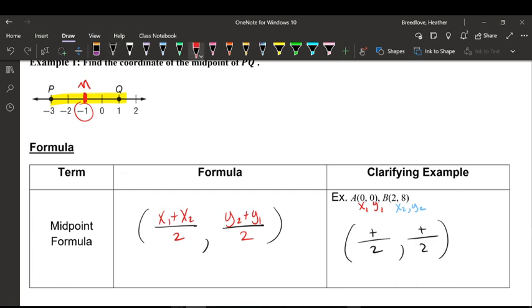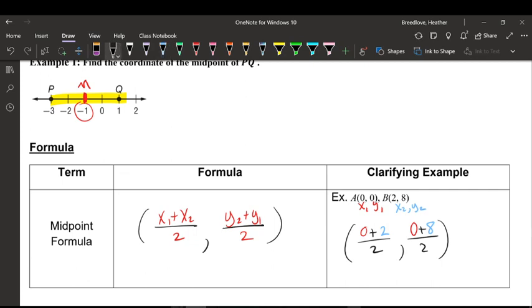So my x1 is 0, and my x2 is 2. And then my y1 is 0, and my y2 is 8. So I have my 2 x coordinates and my 2 y coordinates.